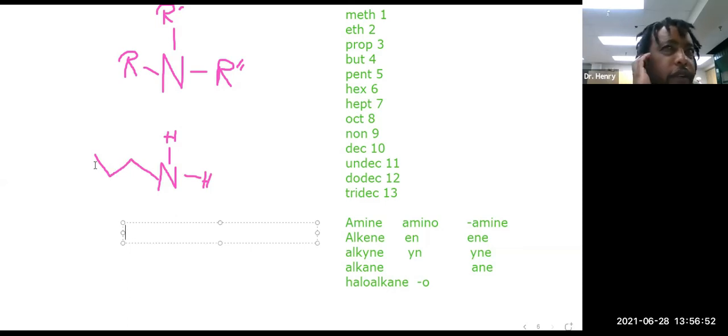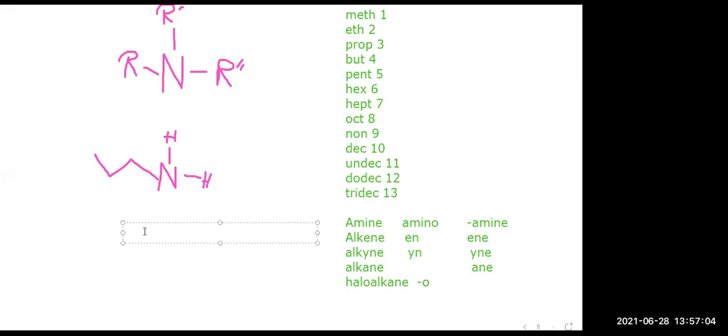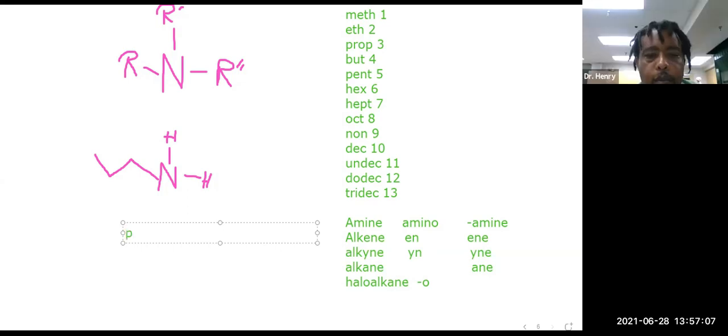What is a 3 carbon chain? Propane. So this guy would be called propylamine. And that's it. Okay.